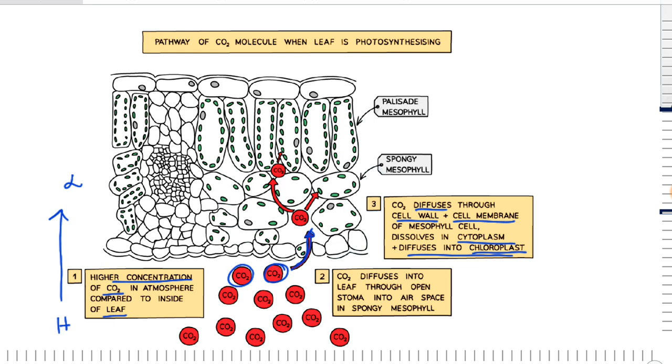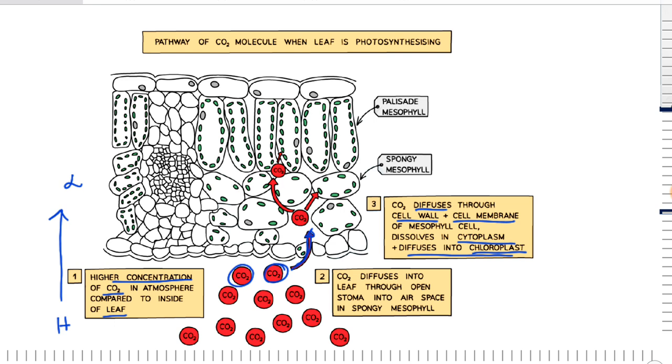And so firstly, you have to talk about the concentration of carbon dioxide being higher outside the plant than inside the plant. So the carbon dioxide will diffuse into the plant down the diffusion gradient, and then from there it crosses the cell walls as well as the cell membrane. Then after crossing cell walls and cell membranes, what happens then?